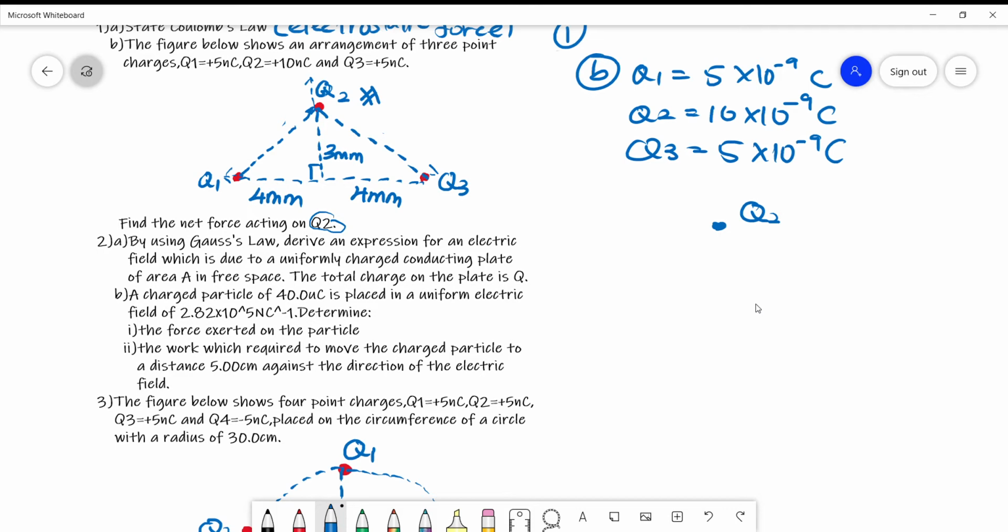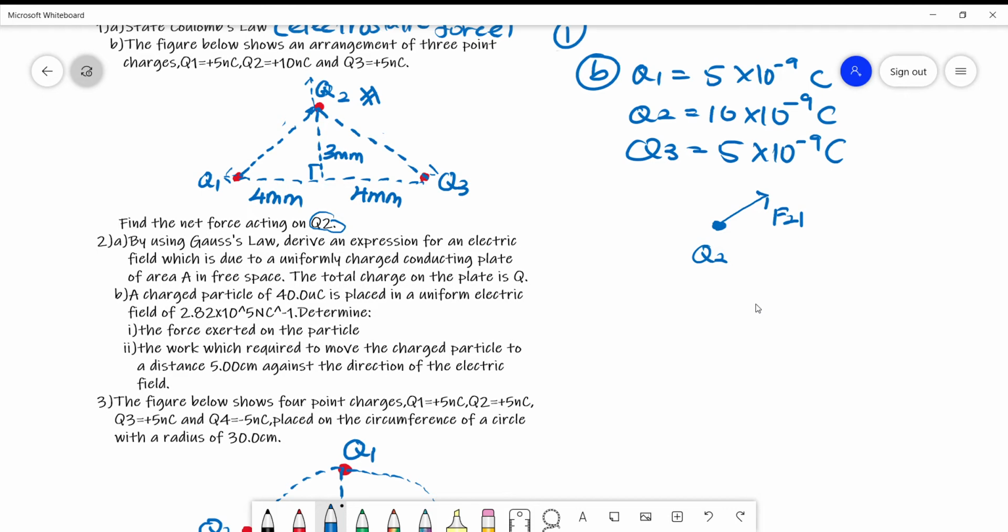So I can finally say, okay, let me just erase this Q2. So this is Q2. Finally I can conclude that my F21 is pointing this way. This will be my F21 since both of them repel each other, and this F21 is in inclined form.